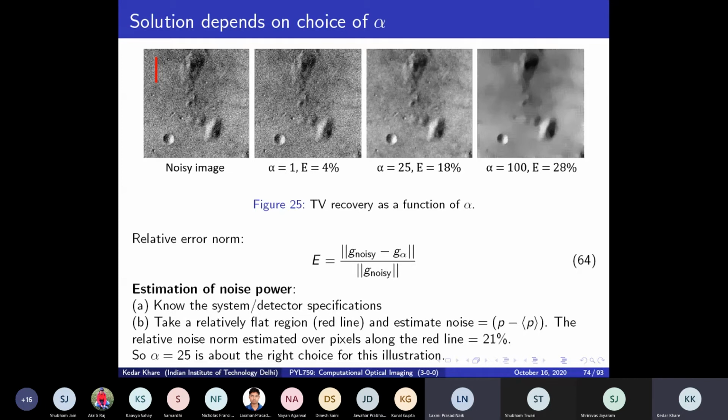And in my lab, we now have algorithms that are kind of independent of any choice of alpha. You progress the solution in a way where no alpha is required. But these things are in research mode. While we have published something, we are still working on them.